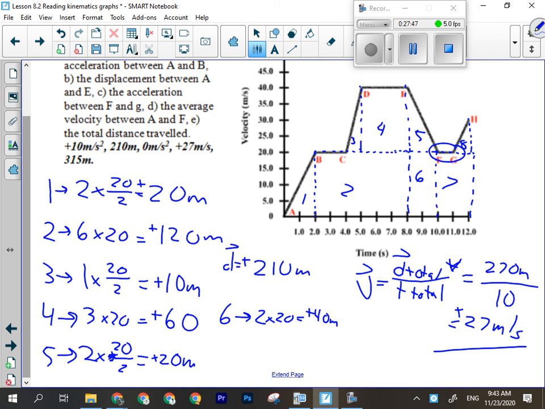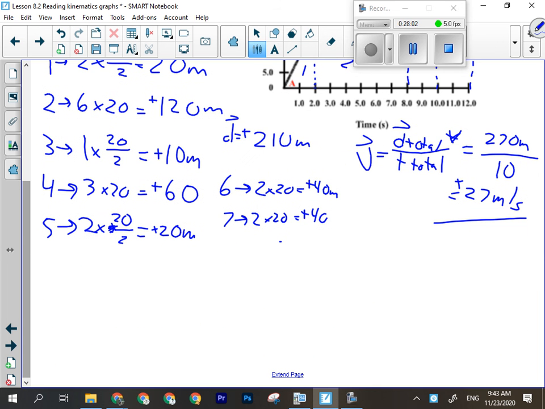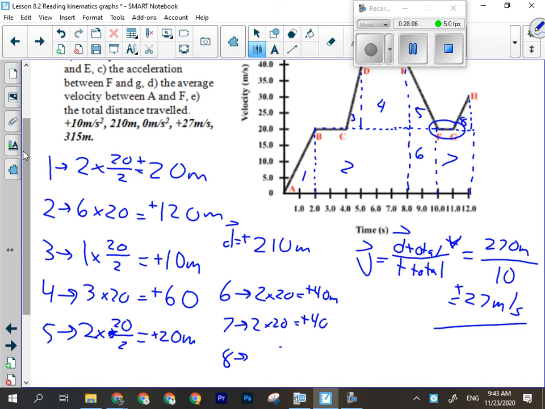Area 7 is a rectangle that has a base of 2 and a height of 20, so it's the same as this one. 2 times 20 is another 40, so that'll be 310. And then our last one is that little triangle there. That little triangle has a base of 1 and a height of 10, so that's another 5 meters.